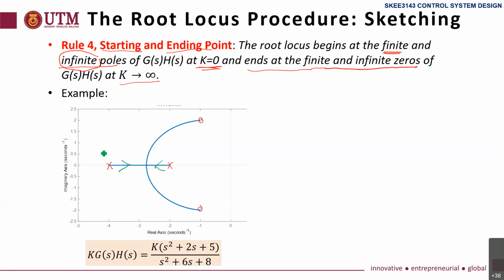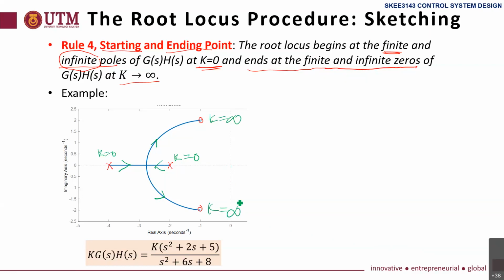It starts when K is 0. Where does it go? It will end at the zeros. So it goes here, then goes up, going to 0. This one also goes down to 0. Here K is infinity, here K is infinity. The root locus starts from poles and ends at zeros. It starts when K is 0 and ends when K is infinity.